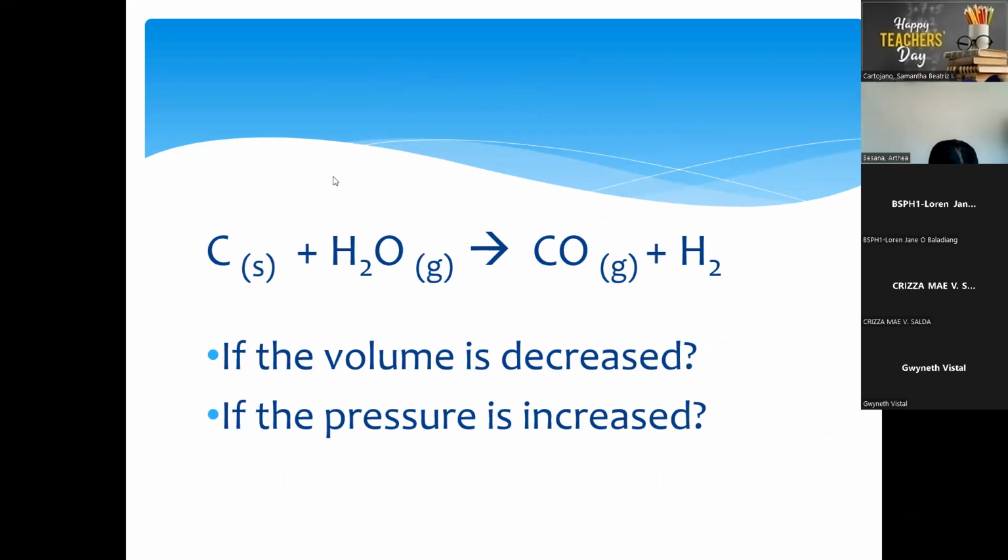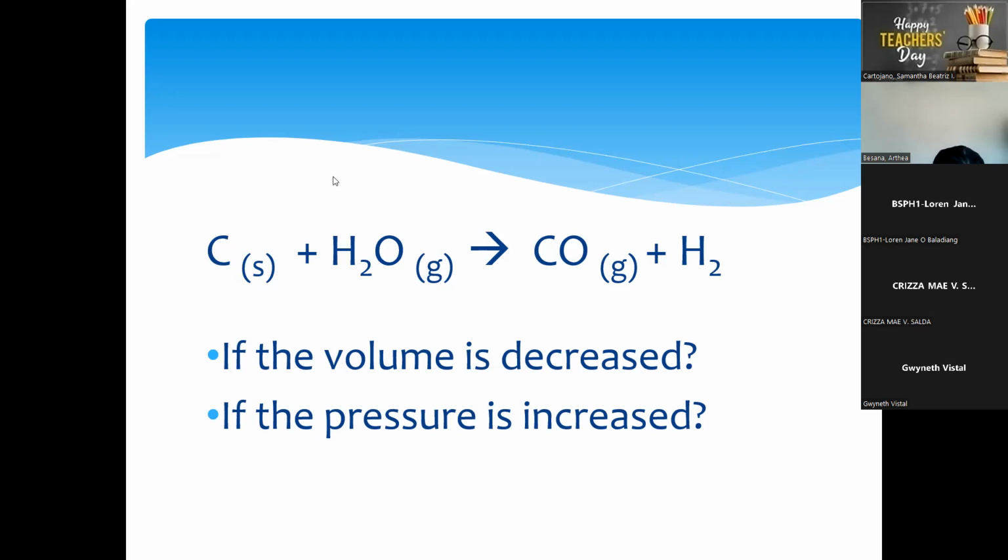Okay, let's have our participation. And you answer this. So example number 2, you may send your answers on the chat box. You have here a carbon which is solid reacting with water in its gas form, and then it will yield carbon monoxide plus hydrogen. Okay? So ito yung chemical reaction natin.